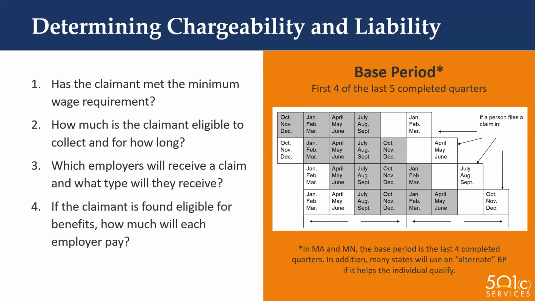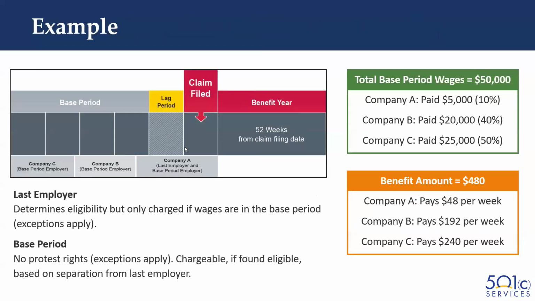Number two, it's going to tell them how much the claimant might be eligible to collect and how many weeks they can collect. It's going to tell them which employers will receive a claim and what type of claim they'll receive. And it's going to tell them if the claimant is found eligible for benefits, how much is each employer going to pay. So as you can see, the base period is very critical when it comes to unemployment. It's almost everything.